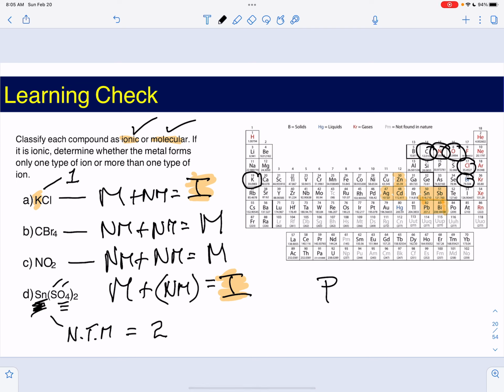For example, lead, we have found compounds of lead that are 2 plus and 4 plus. So like I said, nothing is 100% in science. So remember, make a note of this. These are the transition metals that only have one ion. These are the non-transition metals that have more than one ion. Everything else, for the most part, follows the rules that I told you.